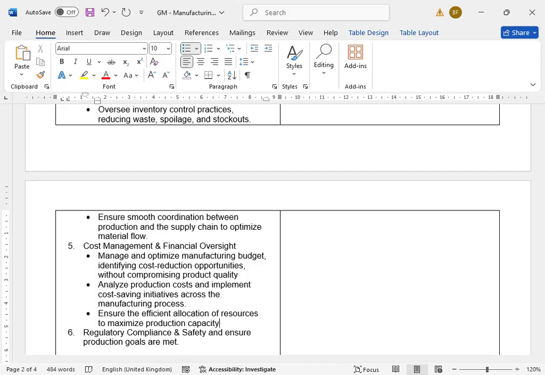And 24 hours, but effectively only 20 hours production per day, because you have some breaks. The people will have lunch break, people will have dinner. But it's very important that you maximize the production capacity and maximize the profitability.